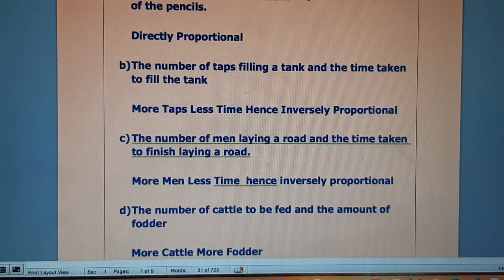Part A says the number of pencils Farhan buys and the total cost of the pencils.